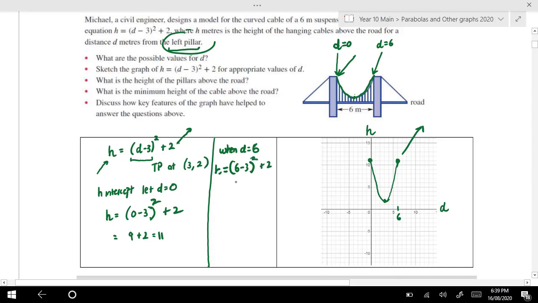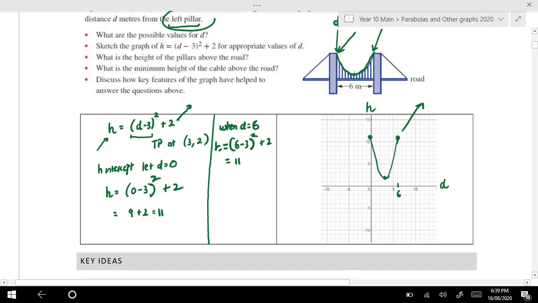Now 6 take 3 is 3, and 3 squared is 9. You can see there that's 11. Now, we could answer some of these questions. What is the minimum height of this cable above the road? You can see that's represented by the turning point. So the minimum height would be 2 meters.